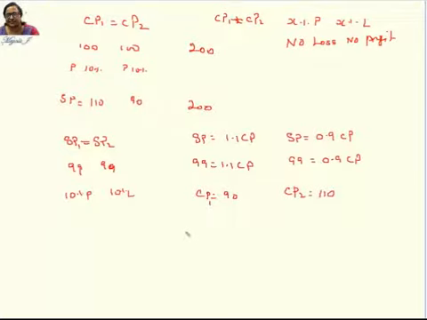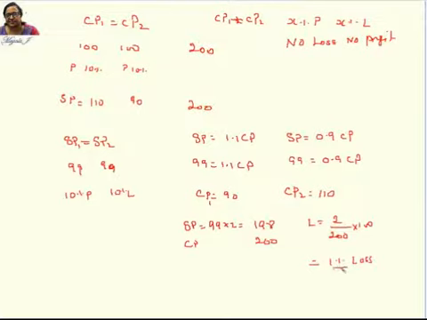So how much is your selling price? Total selling price is 99 into 2, which is 198, correct? And cost price is 90 plus 110, which is 200. So it's a loss. How much is the loss? 2 is the loss. 2 divided by cost price 200, into 100. So it is 1% loss.